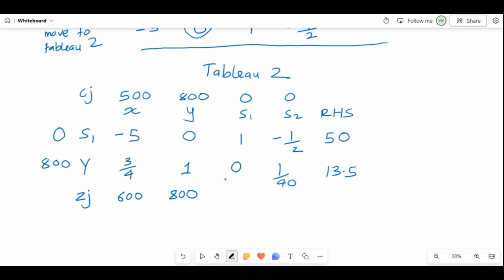This is definitely 0. 0 times negative a half is 0. 800 times 1/40, so that is 20.